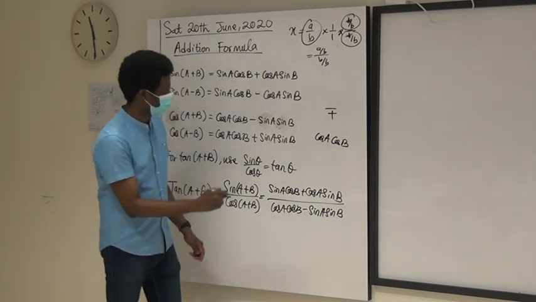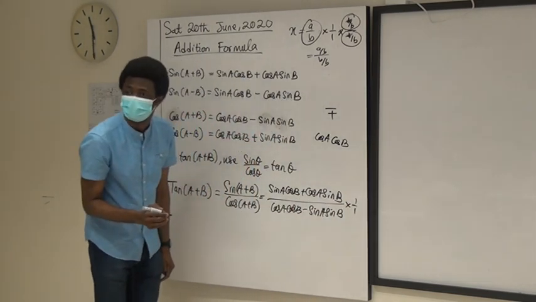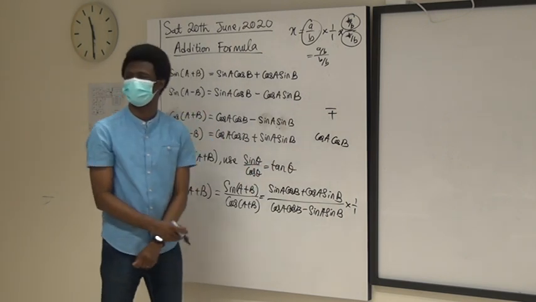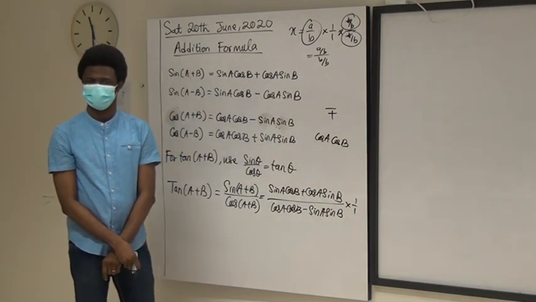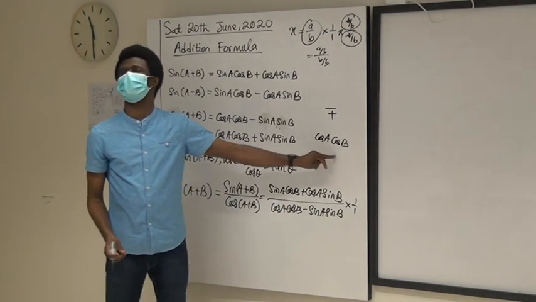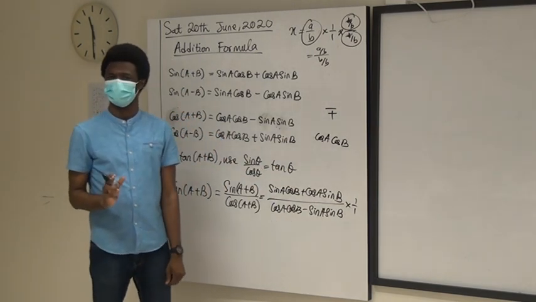This is why we will multiply. Instead of 1 over 1, we multiply by 1 over cos A cos B. Do you understand? So it looks as if we are dividing each of these by cos A cos B. We are not dividing, we are multiplying by 1. Okay?